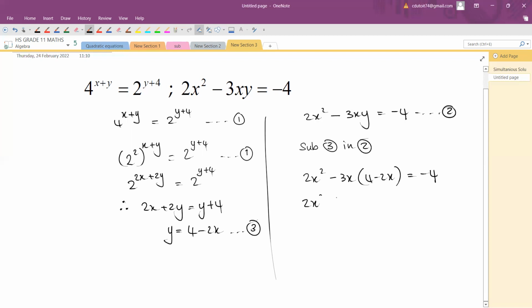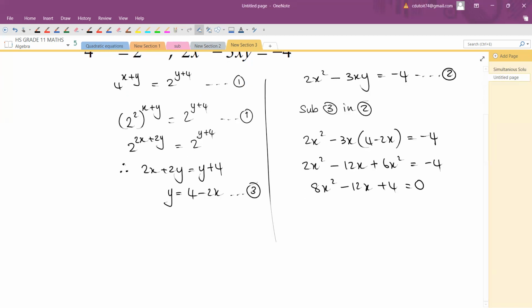So I have 2x squared minus 12x plus 6x squared equals -4. 8x squared minus 12x plus 4 is 0. Happy? Yeah. I'm going to divide with 4. 2x squared minus 3x plus 1 is 0.